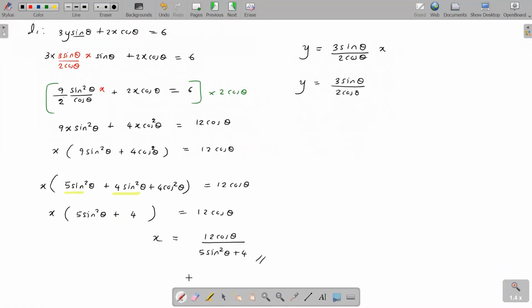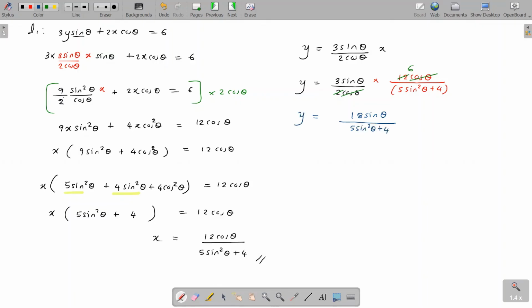X is what we just found, 12 cos theta over 5 sine square theta plus 4. Do you agree? The cos theta cancels. 2 times 6 is 12. So I end up getting here 6 times 3, 18 sine theta over 5 sine square theta plus 4.